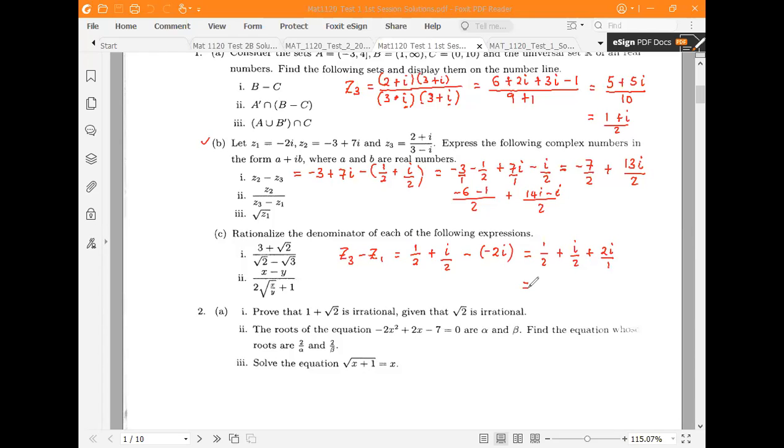So we get half, and then plus 2 down. Then we have 2 in itself, that's 1. 1 times i, that's i. Plus 1 into 2, that's 2. 2 by 2, we get 4.